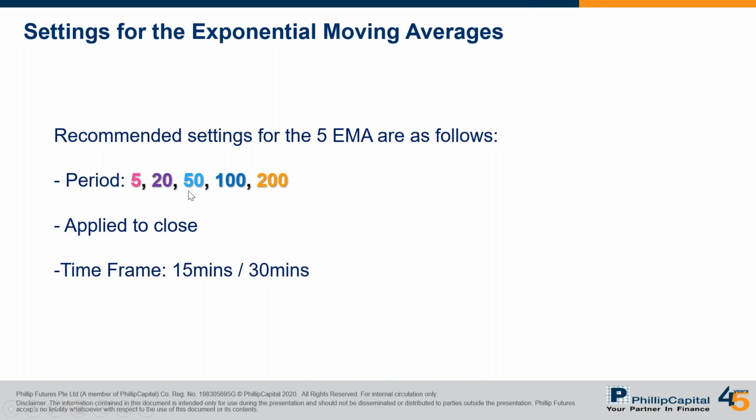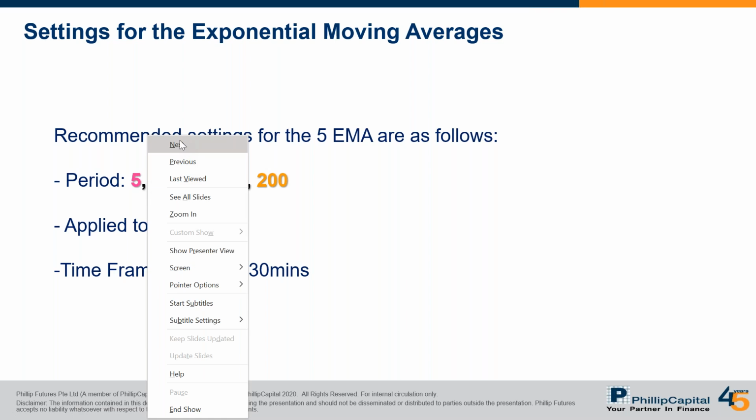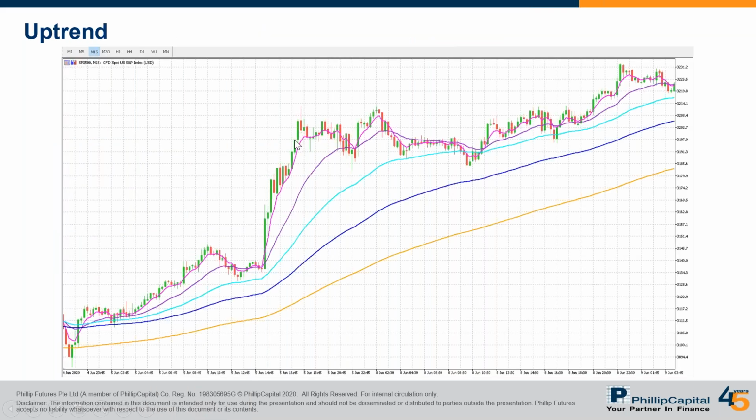So what do 5, 20, 50, 100, 200 mean? 5 means it will use 5 candles, 5 price candles. If we go back, you can see each of these bars here is 1 candle.